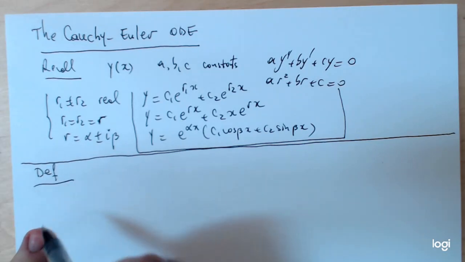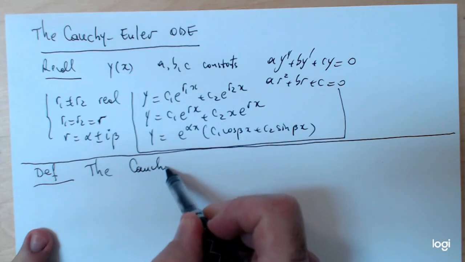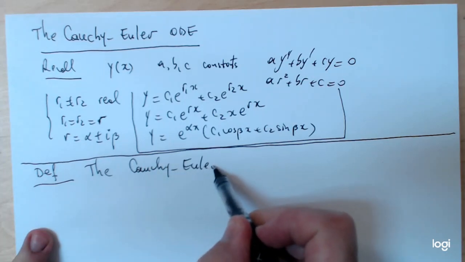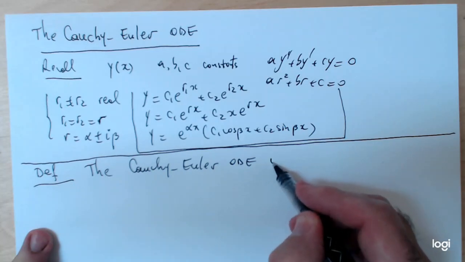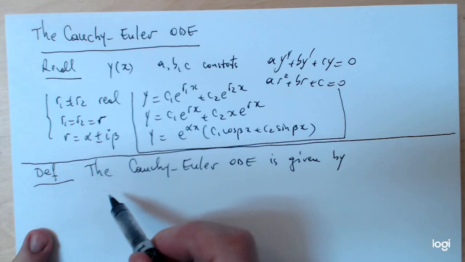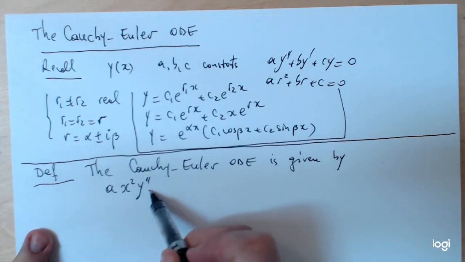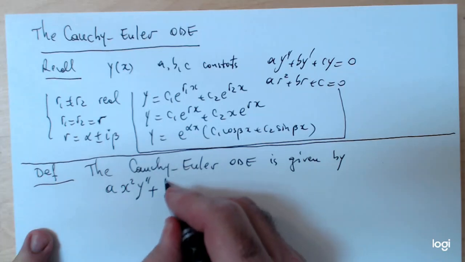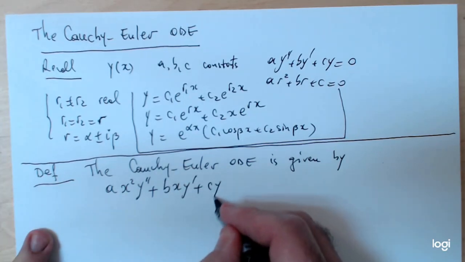As a definition, the Cauchy-Euler ODE is given by the following standard form: a x squared y double prime plus b x y prime plus cy equals 0.